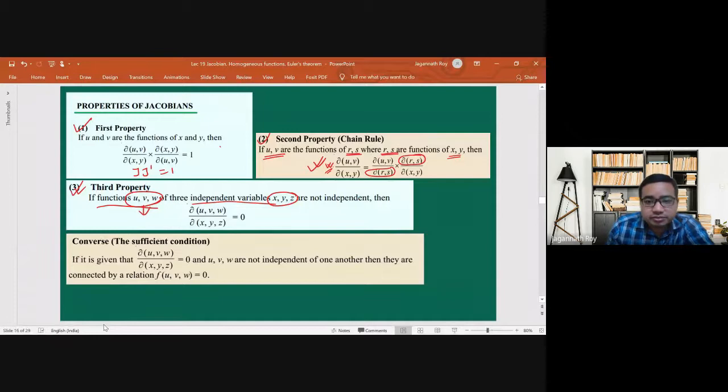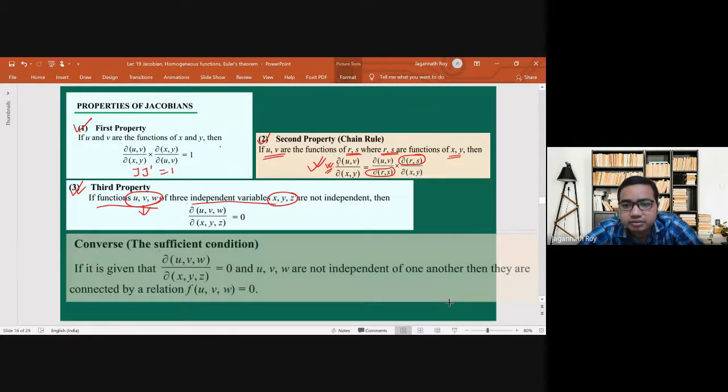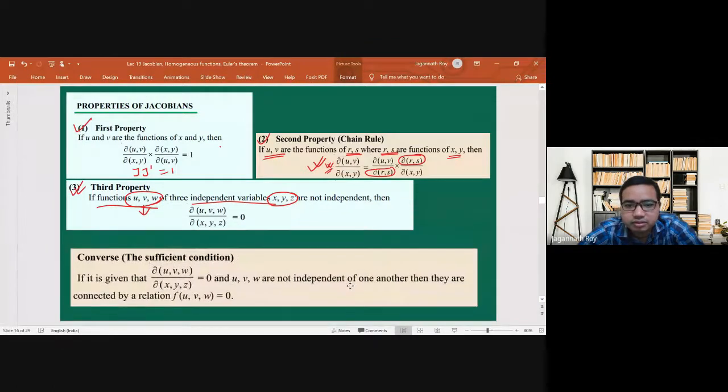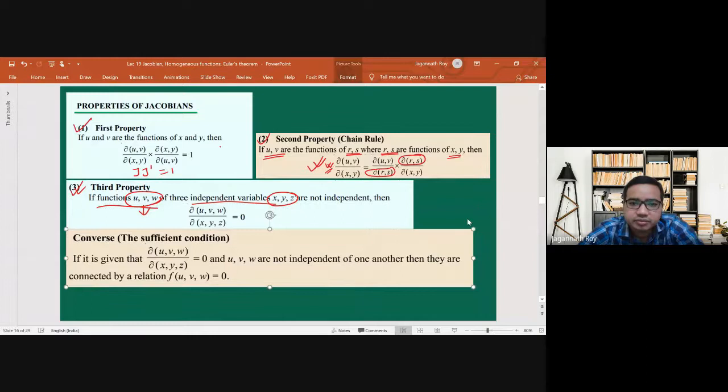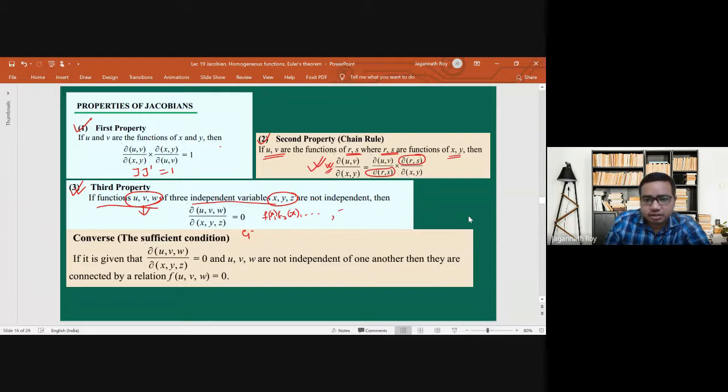So given n functions, for example, let us suppose f1(x), f2(x), then fn(x) are n functions.